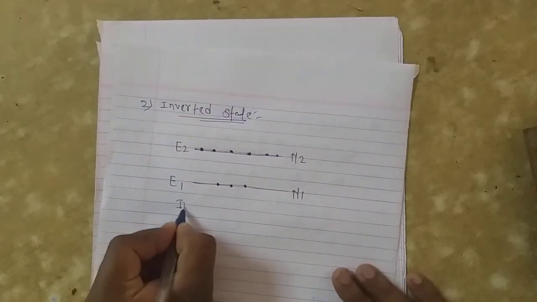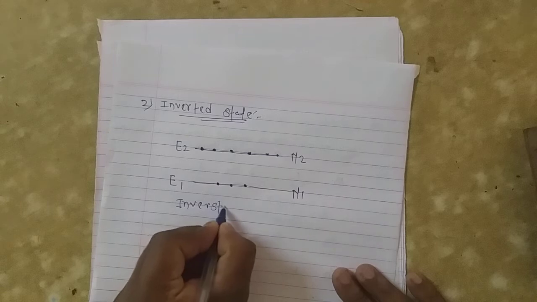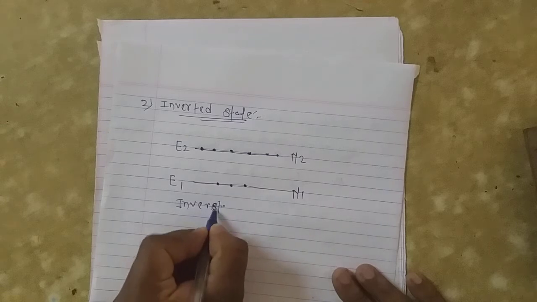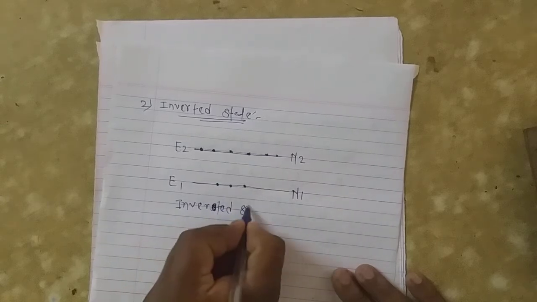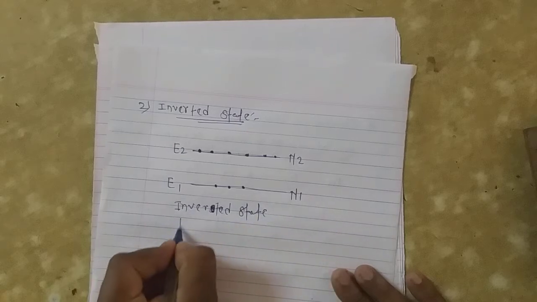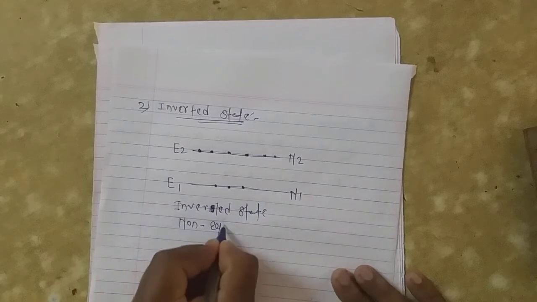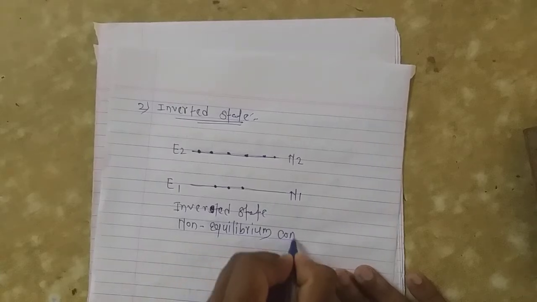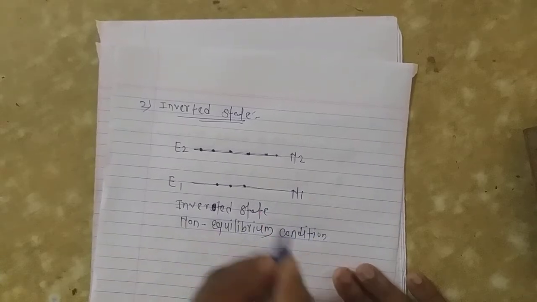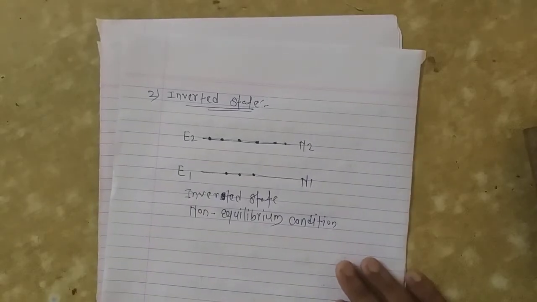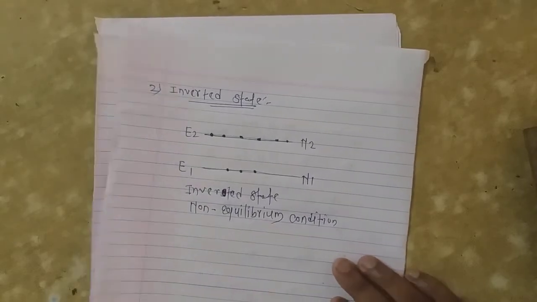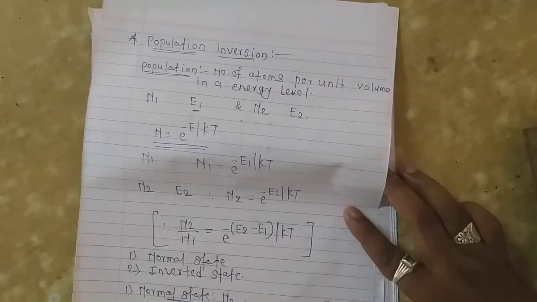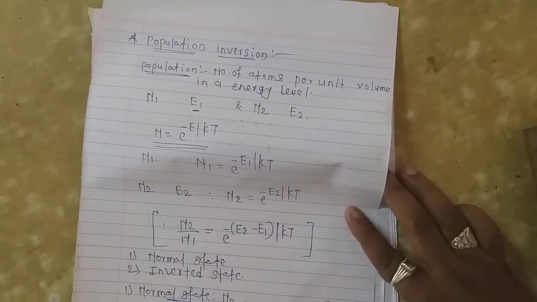In the normal state, the number of atoms in the lower state is more than in the excited state.